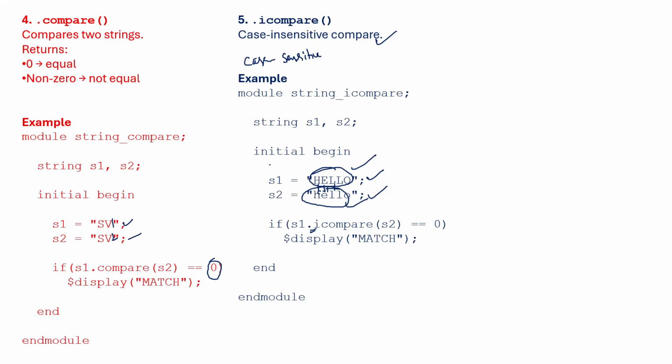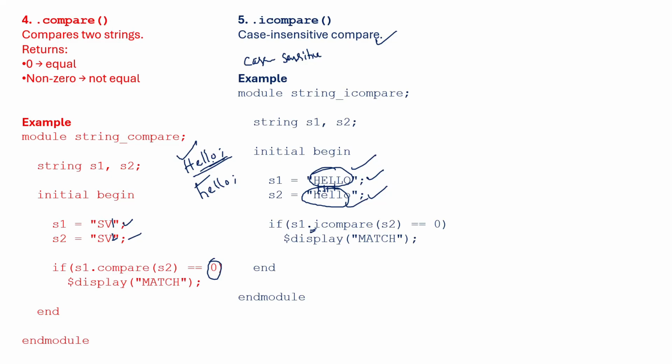That is case sensitive, because if you mention capital H E L L O, this hello is different from small h e l l o. That is the case sensitive meaning. If it is case insensitive, both are the same. It just checks the letters only, whether small letter or capital letter, don't think about that.